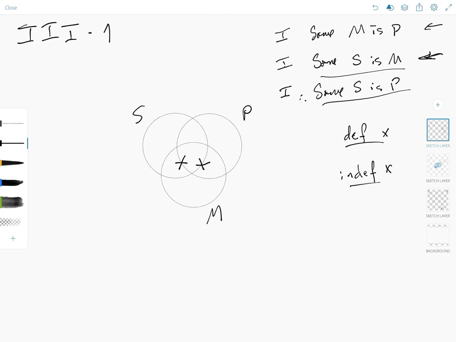So this tells us that while it might be true that some S is a P based on this diagram, because one of the fence sitters could slip over into that region, it's only a might. It doesn't have to be true. Since it doesn't have to be true, this diagram does not require this conclusion to be true, and so consequently we say that it's invalid.